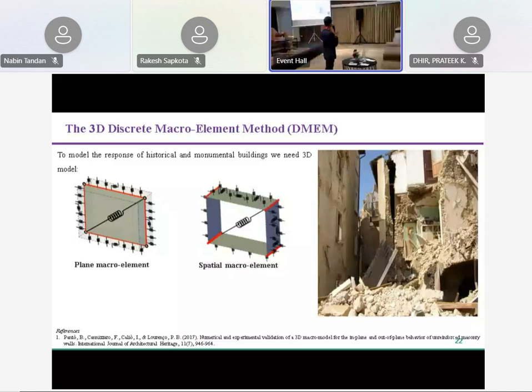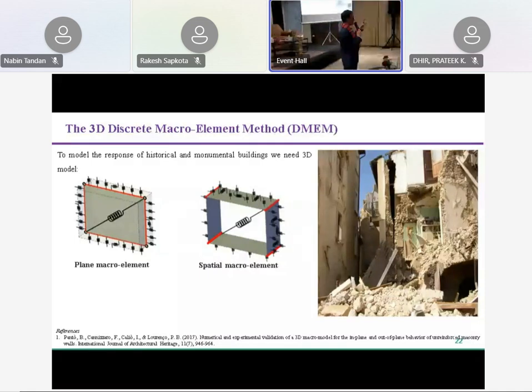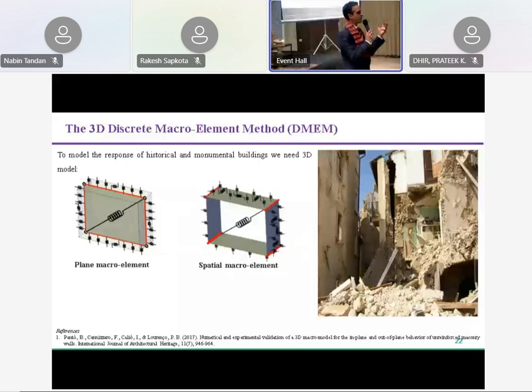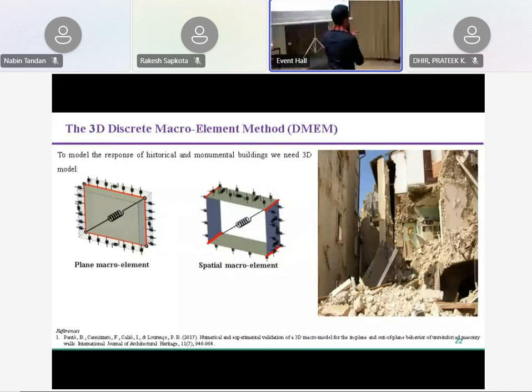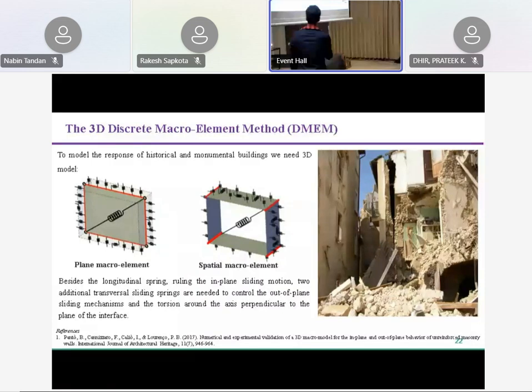This is what we did, enriching the discrete model from a 2D to a 3D model, with 3D kinematics. The only aspect that I want to remark here is that what we had in terms of interface elements, the discretization of the link along the edge, is now replaced with a number of rows of links in parallel in order to simulate the flexural behavior in each plane of the masonry.